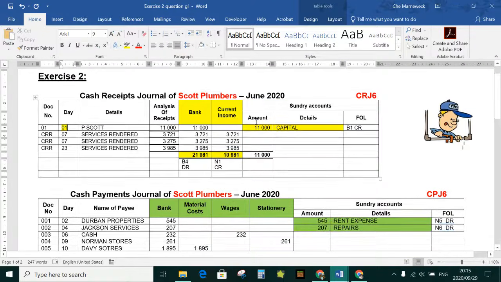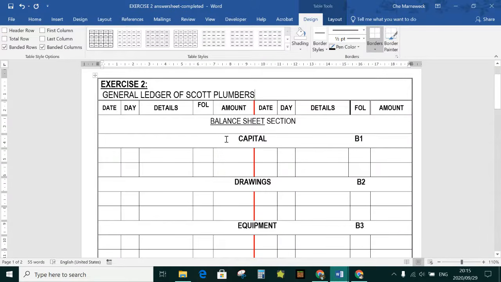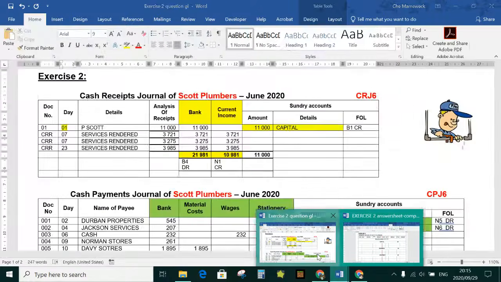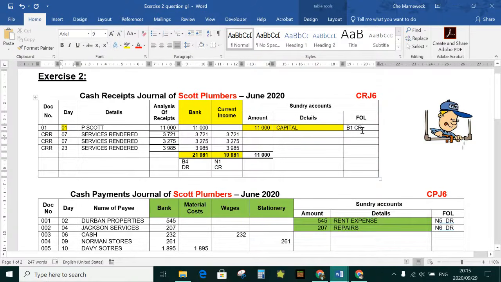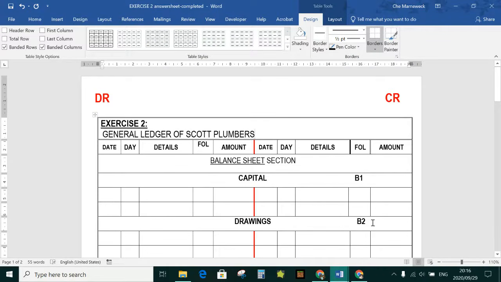I then go to record my capital. Day 1, June 2020, 11,000 for capital, CRJ6. So we go, capital. Capital is recorded on the credit side. So we go on the credit side.